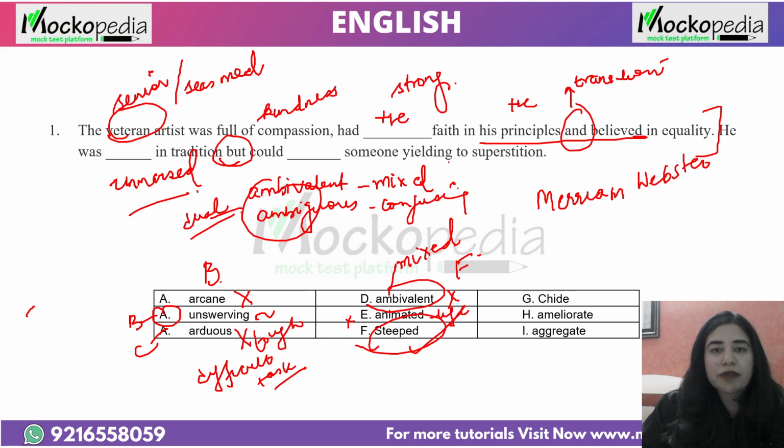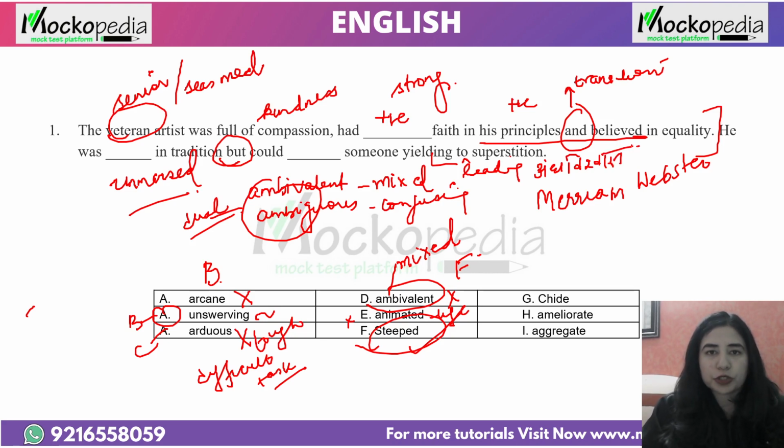But could dash someone yielding to superstition. Yielding to means giving in, or leading to superstition. Superstition is when you are, अंधविश्वास. So if I tell you in Hindi, अंधविश्वास, right? So that's superstition. So shied is to, so he would do what, he's into tradition, but अगर कोई superstition की तरफ जाता है तो उसको उनको डांट देते हैं, right?